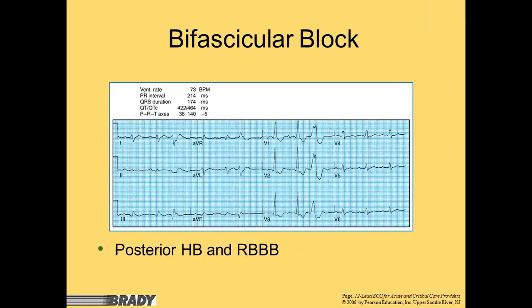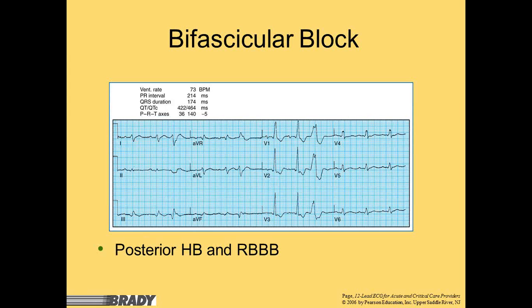Okay. So this one is the posterior heart block. So we're going to look at leads 1, 2, and 3. Okay. Lead 1 is down. Lead 2 is up. And lead 3 is up.